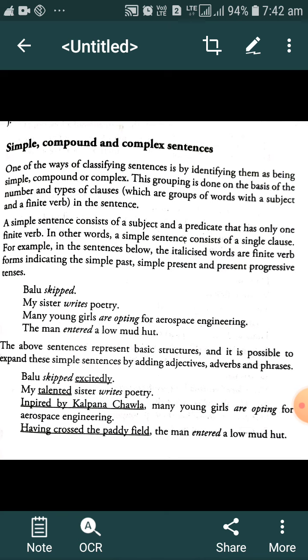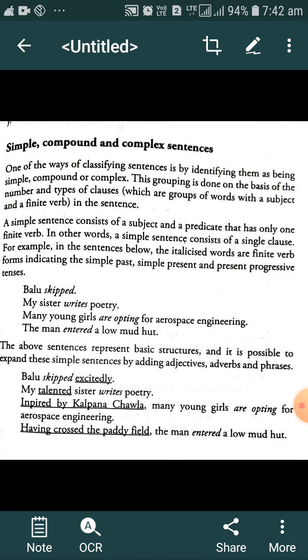Another thing to keep in mind: we can expand our basic structure by adding a phrase like inspired by Kalpana Chawla, or, with sister, by adding talented, an adjective.